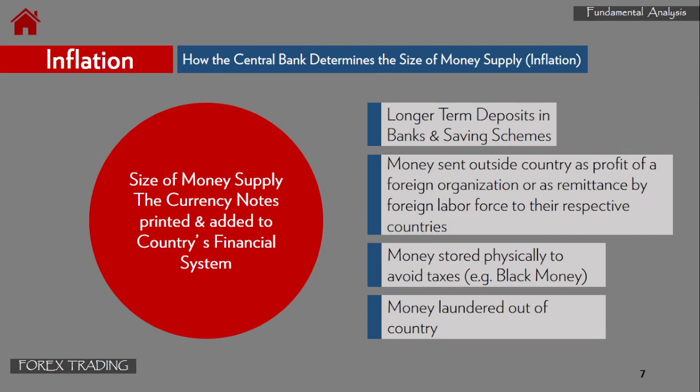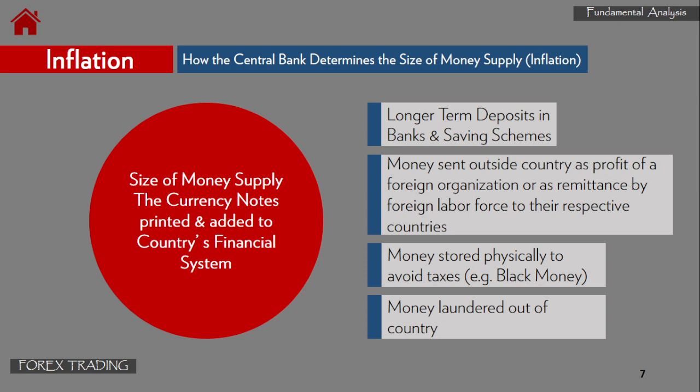So how does the central bank determine the size of the money supply, how much money is there in the market? They have different tools that they employ to determine the size of the money supply. For example, they look at long-term deposits in banks and savings schemes.